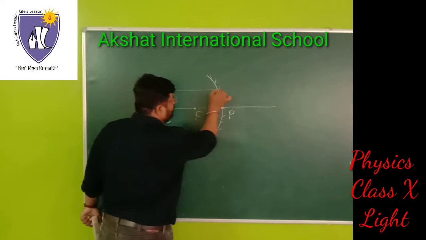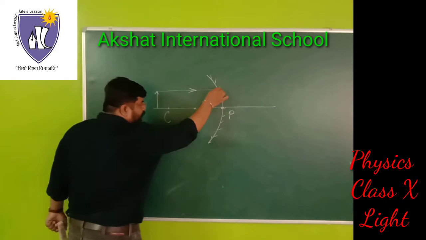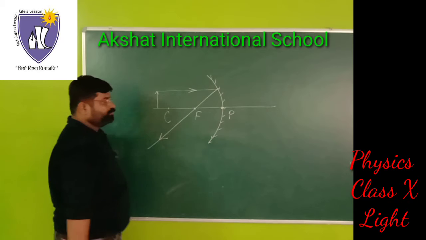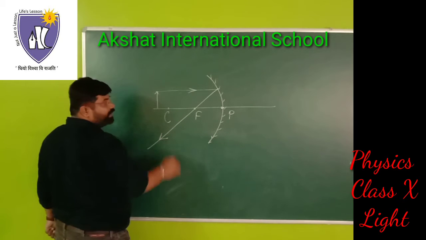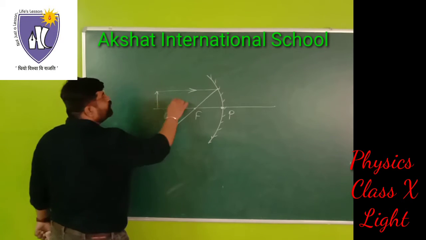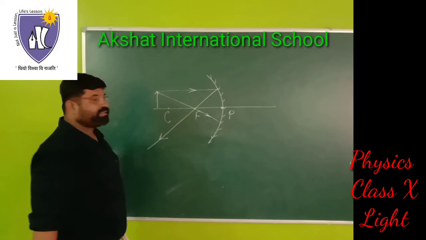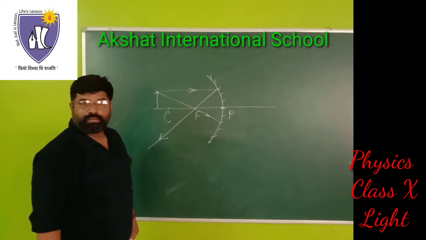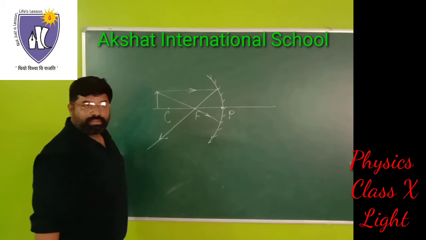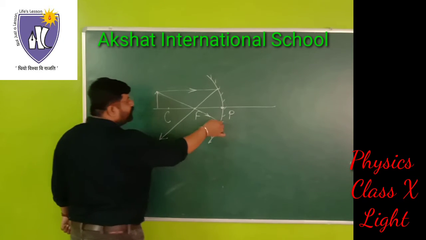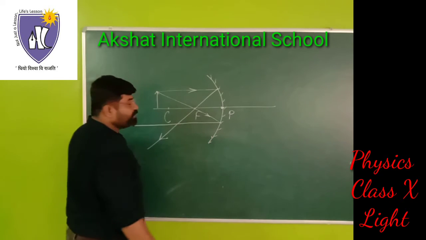One ray I'll take parallel to the principal axis, so it will pass through the focus after reflection. Now I can take another ray which passes through the focus like this. If a ray is passing through the focus, then it will move parallel to the principal axis after reflection. So it will move like this.